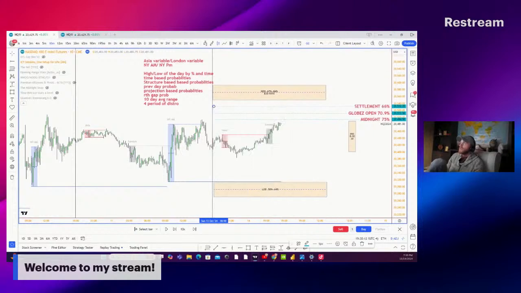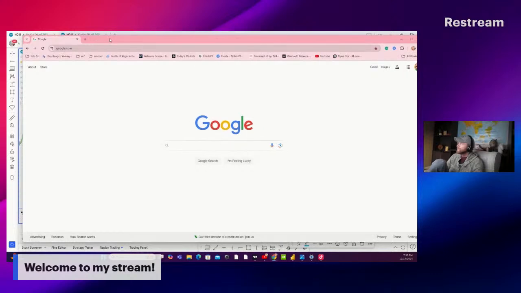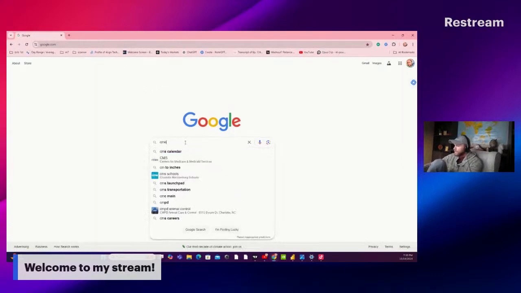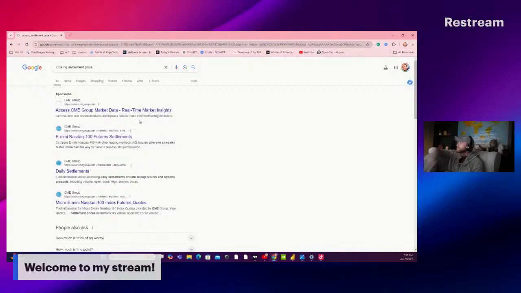The settlement price that I use, I go to Google. Let me do this so you guys can see it. I Google CME NQ settlement price. Click on the CME Group anywhere.